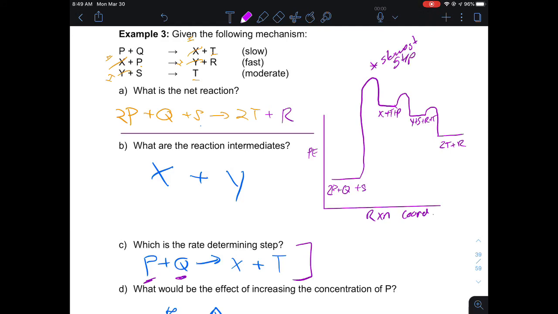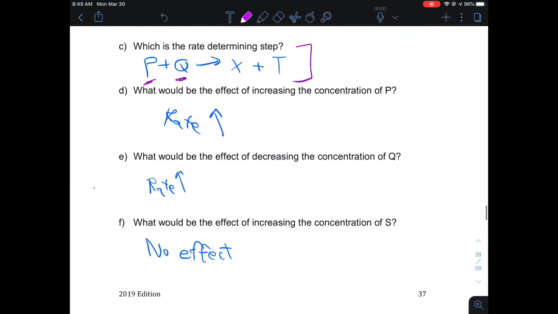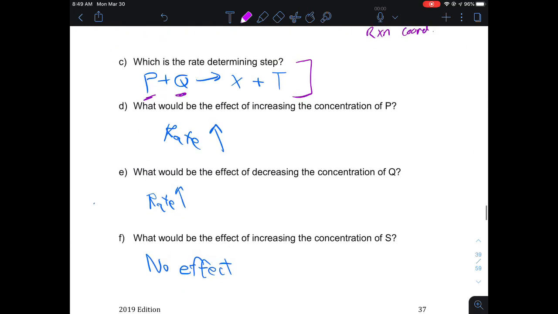It is the least favorable. It has the highest energy barrier to get to it. Notice that if you increase the P or increase the Q, then the rate will increase. But if you increase any of the other elements, like S, it has no effect.